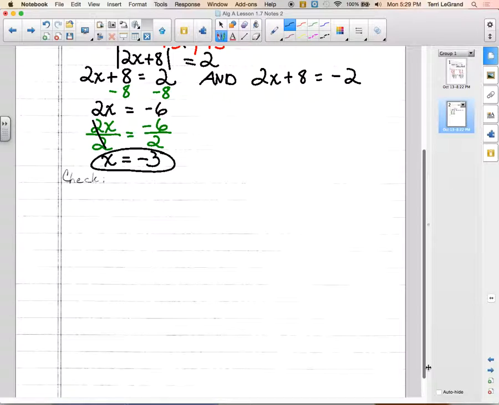And now we'll go about solving the other case. So take away 8 from both sides, just like we did on the other one. We're going to have 2x by itself now. We have a negative 2, subtract 8, also known as negative 2 plus a negative 8. So that becomes negative 10.